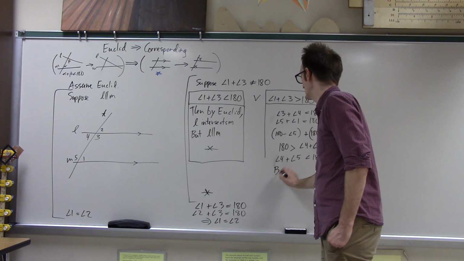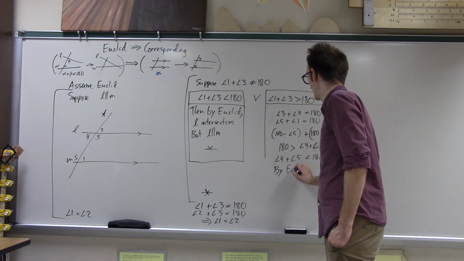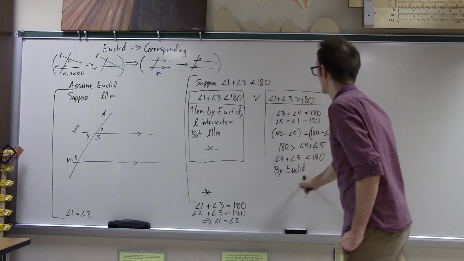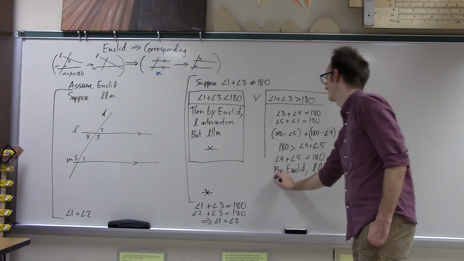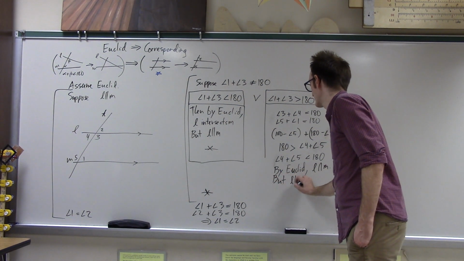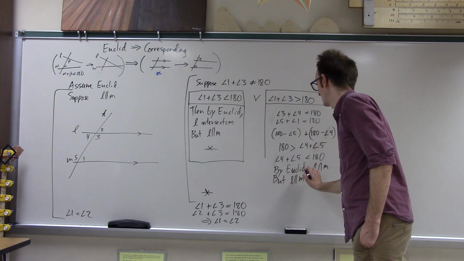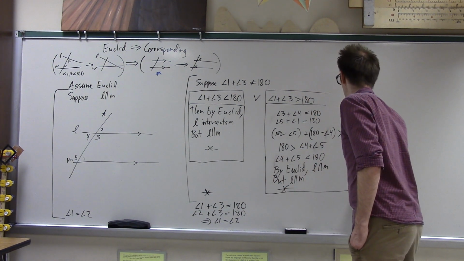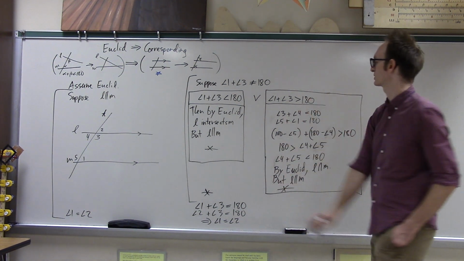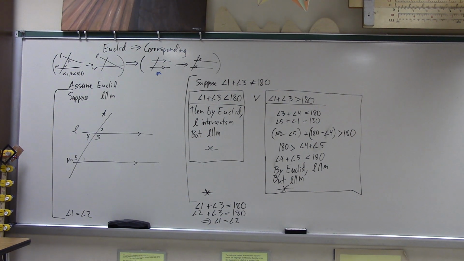And now, by Euclid again, we get that L must intersect M. But L is parallel to M, so that is a contradiction. So that case also led to a contradiction, and so this whole thing is a contradiction.